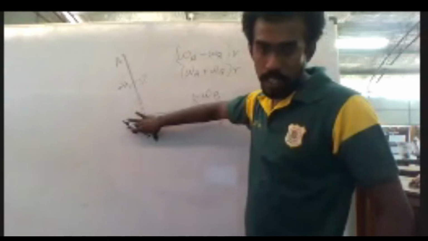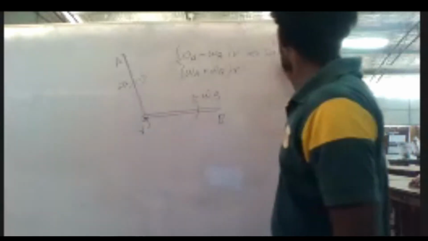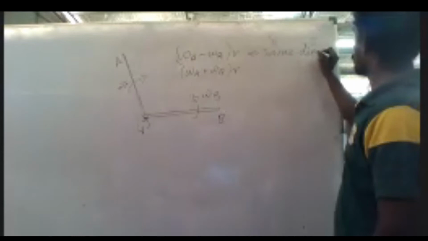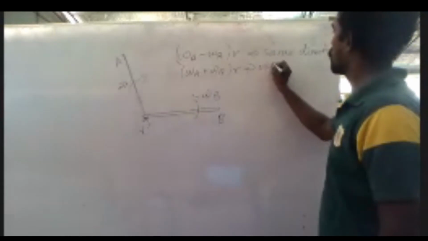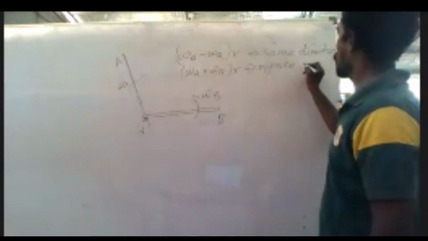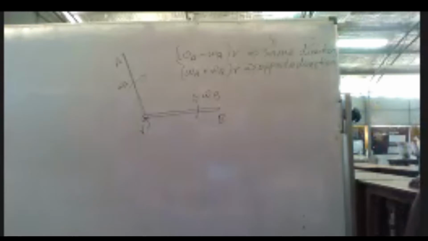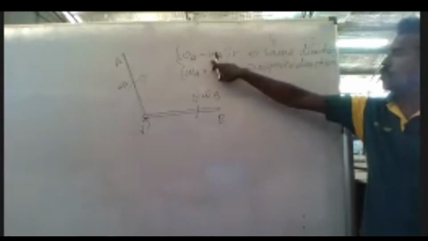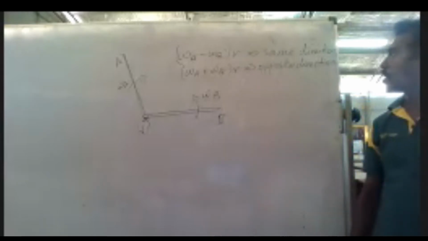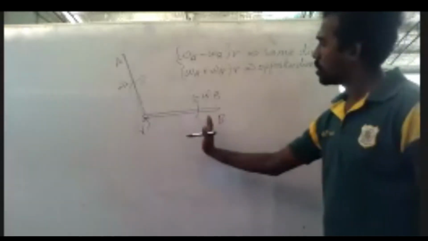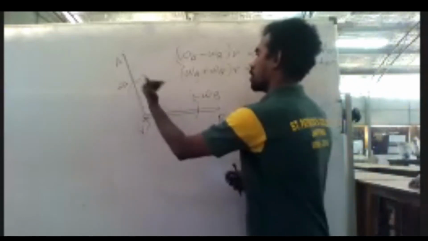If the links are moving in the same direction, it is omega A minus omega B. If they are moving in opposite direction, it is omega A plus omega B. So now you see omega B is moving anti-clockwise and omega A is moving clockwise.